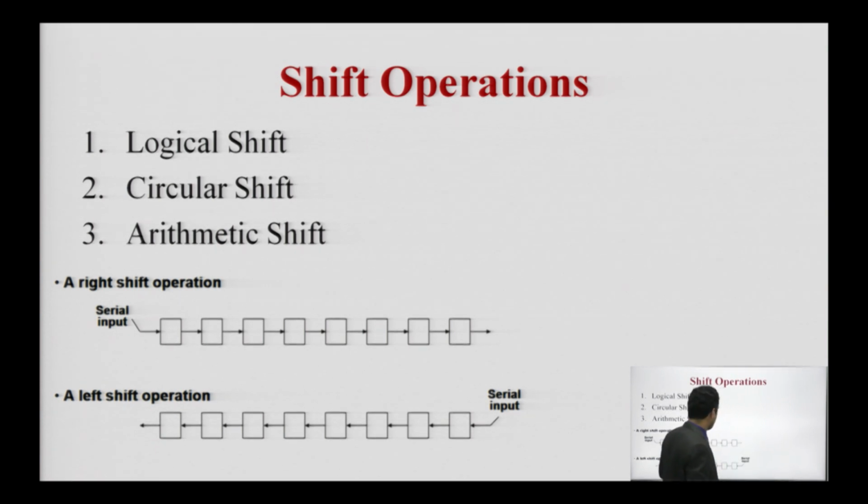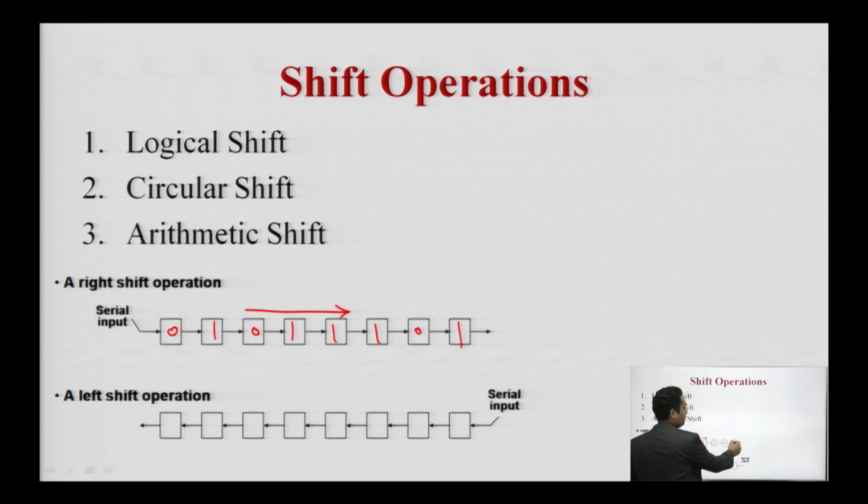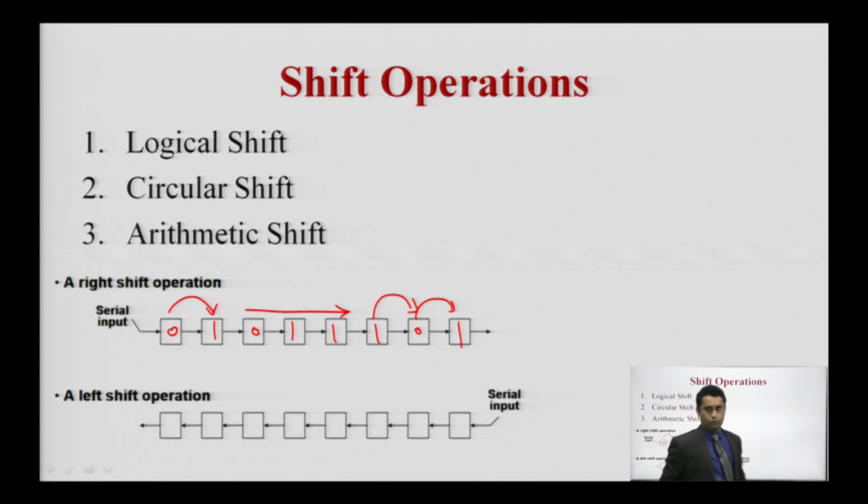So, this is one example where we have some serial input, we have some numbers, and now we are going to shift those numbers to the right side. So, if I am going to shift these numbers to the right side, what will happen? This one will shift here, this shift here, this type of shifting is used. So, this is a shift operation.